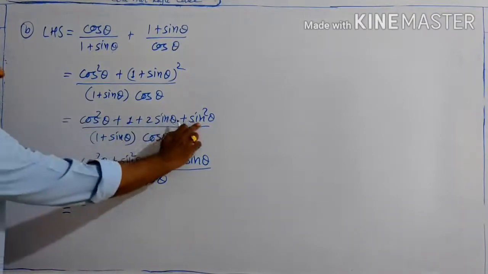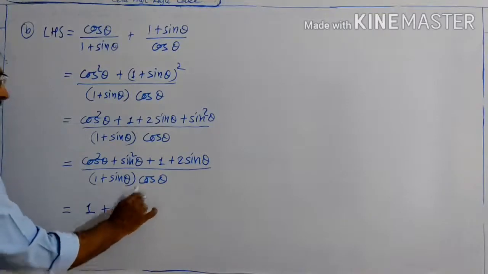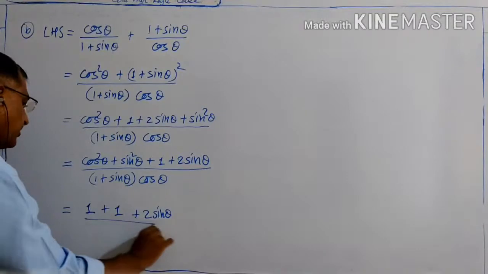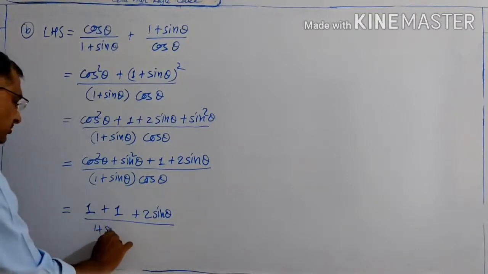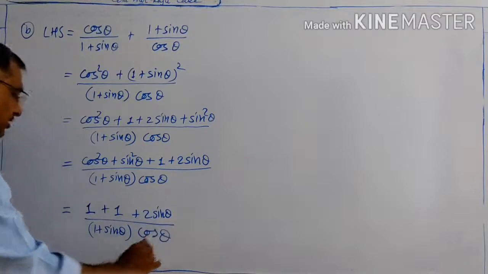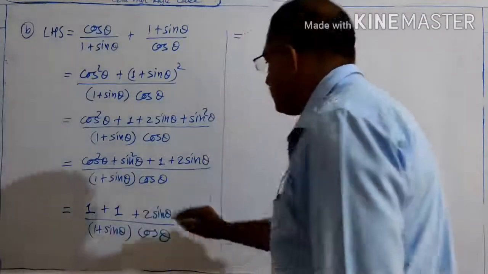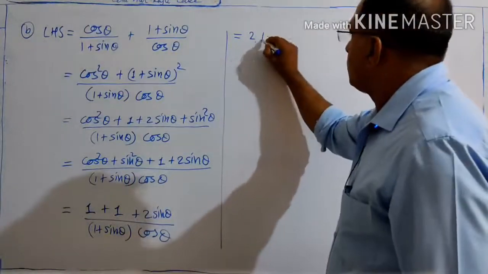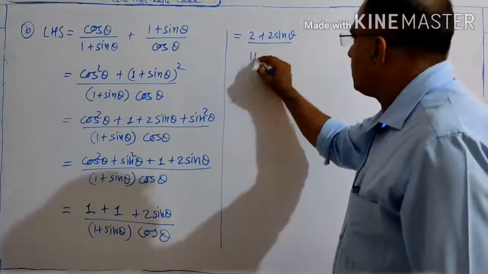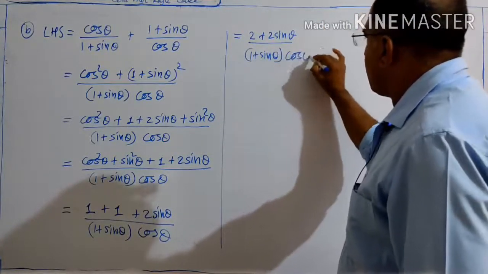So here sin square theta plus cos square theta is equal to 1, so 1 plus 1 plus 2 sin theta divided by (1 plus sin theta) multiplied by cos theta. So now this can be written as 1 plus 1, 2 plus 2 sin theta divided by (1 plus sin theta) multiplied by cos theta.